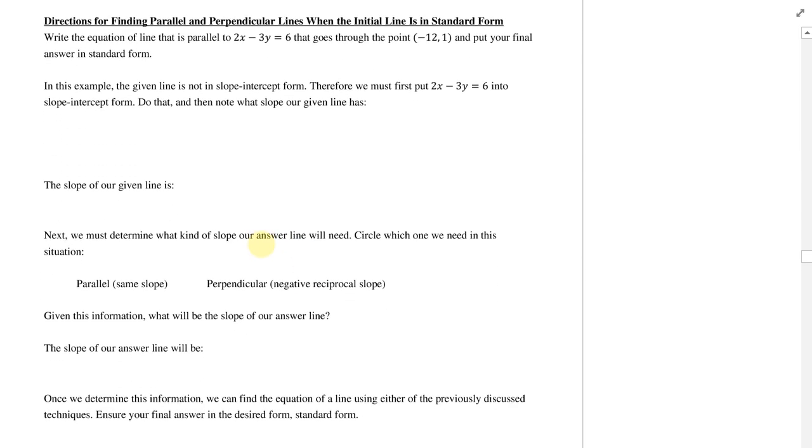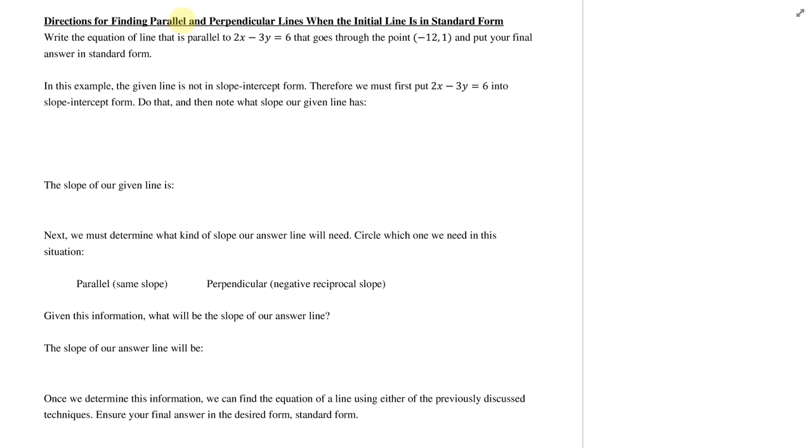So now I want to pivot to something that tends to be a little trickier. We're going to go through a full exercise of how to find parallel and perpendicular lines when the initial line is in standard form. This is definitely a little bit of a longer exercise, so I want to be nice and thorough so that you have something to refer to when you have to work on these.